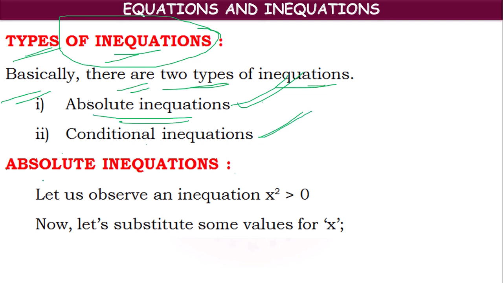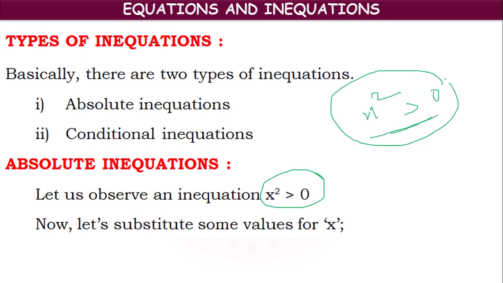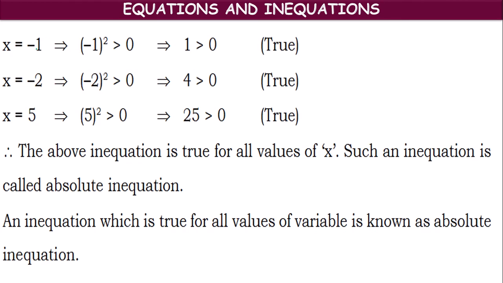Absolute inequations. Absolute inequations means, if you observe this inequation x square greater than 0, and if you substitute some values of x in this inequation, like minus 1 whole square, 1 is greater than 0, true. If you keep minus 2 whole square is 4, greater than 0, true.